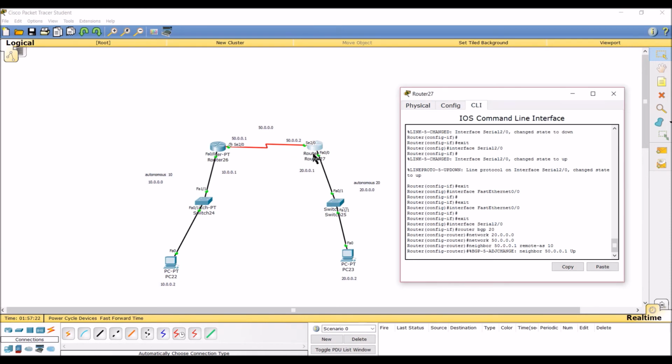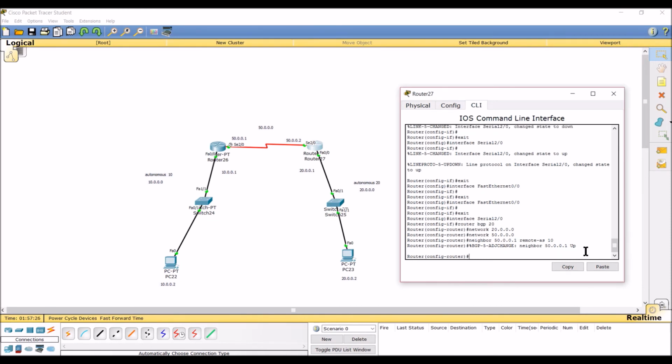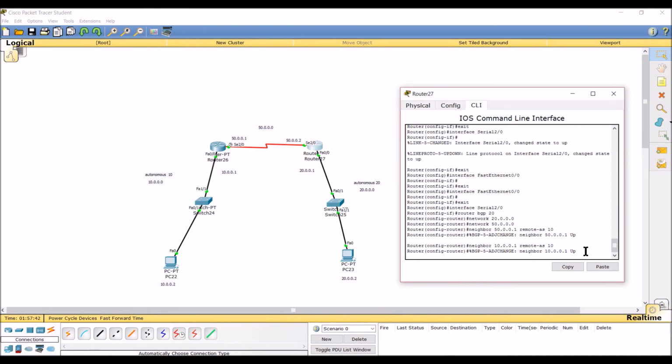Okay, it is showing up. Now enter. Now neighbor 10.0.0.1 remote-as 10. It is also showing up.